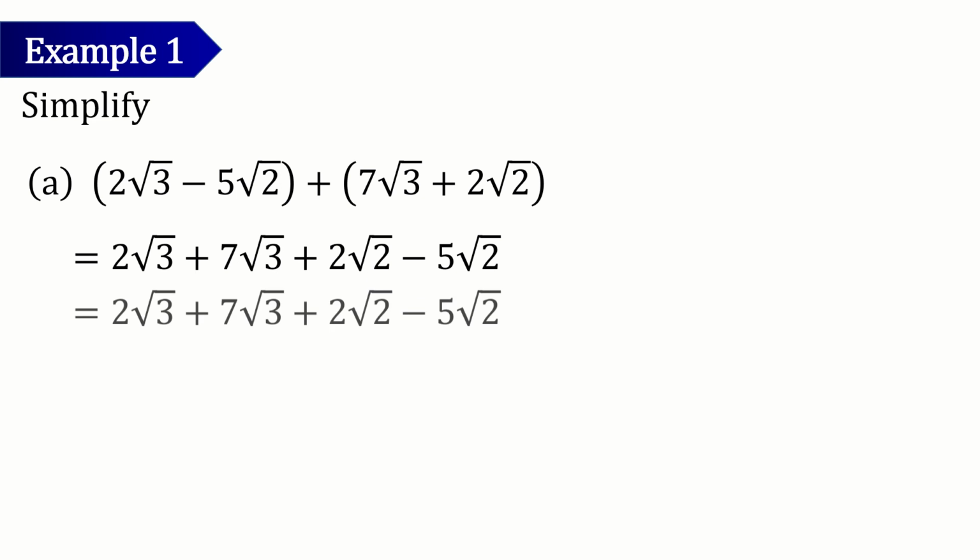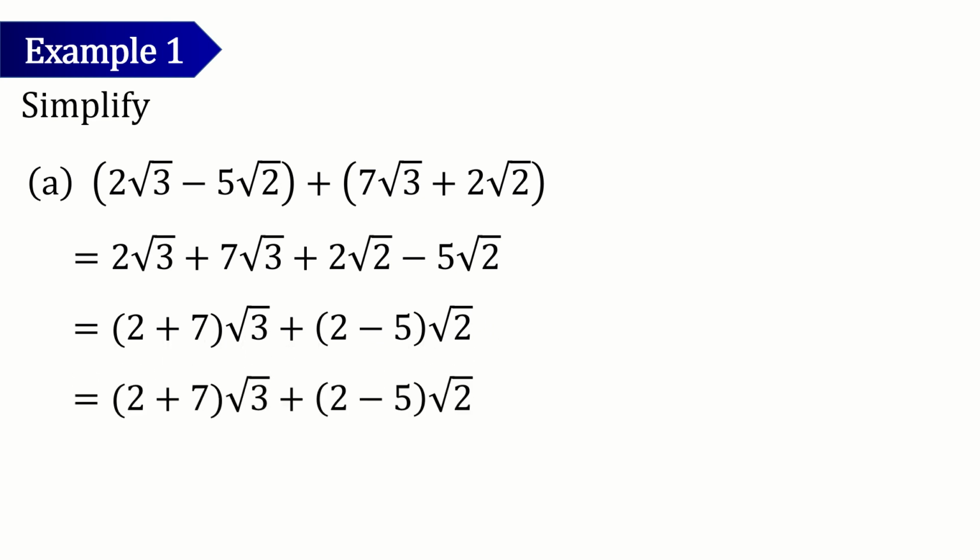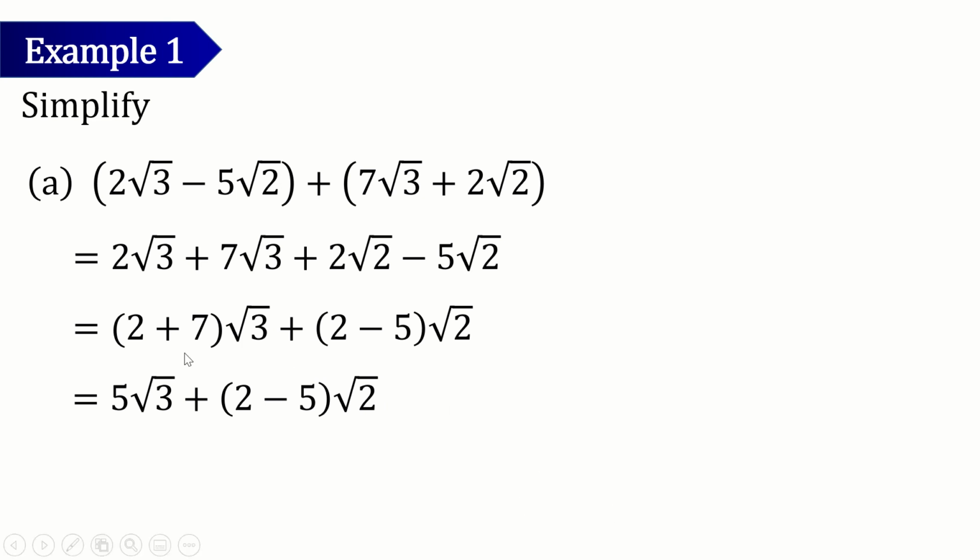Then we can factorize the surd 3 and the surd 2, so we can solve inside the brackets. So 2 plus 7 is 9, so we have 9 surd 3. I made a mistake here, so this should be 9 here, and this is negative 3.